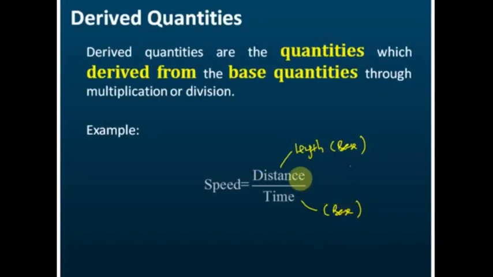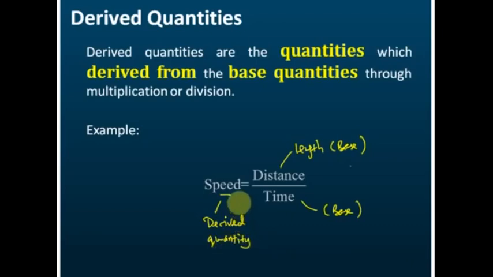Now both distance and time are base quantities, and speed is equal to distance over time. So we say speed is derived from distance and time. And for a quantity which is derived from base quantities, we call this a derived quantity.